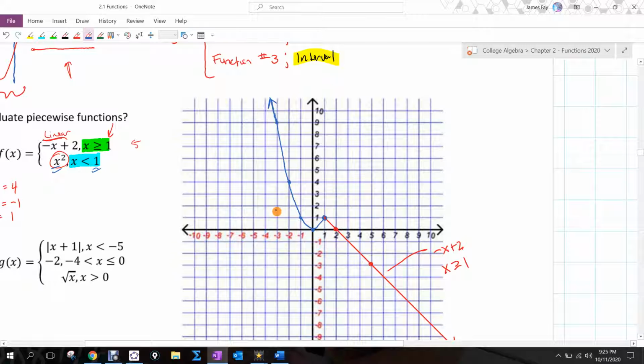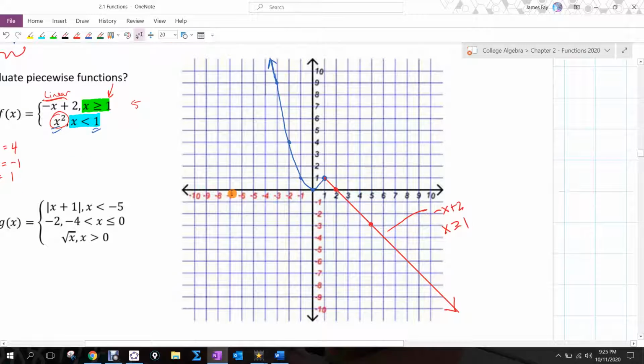Put an arrow on there, and that's what our function looks like. That was open on the blue, closed on the red, so overall it is a closed dot. But it evaluates in our rule only for this red, or for this green one.